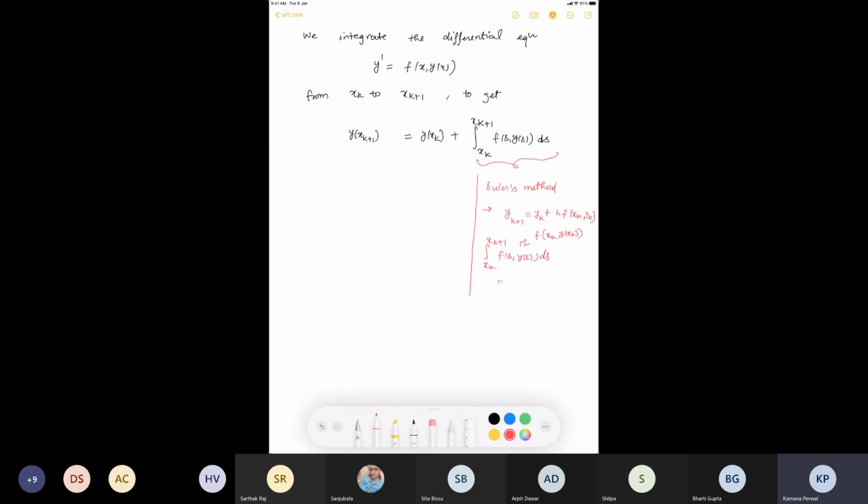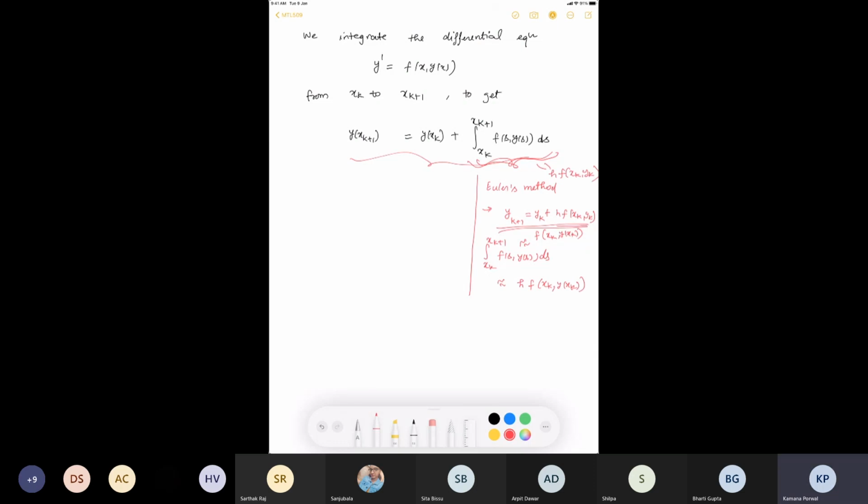So the approximation of this term is going to be h times f of xk, y at xk, because the length of the interval xk to xk plus 1 is h. So if I try to obtain the formula using this relation, I get h times f of xk, yk, which we have in the formula here.